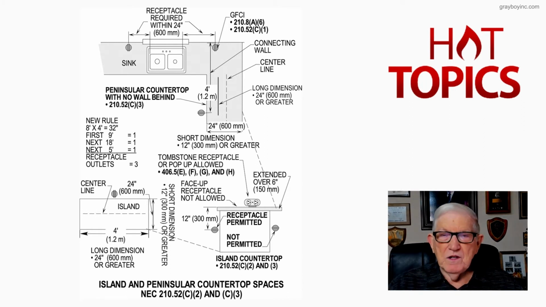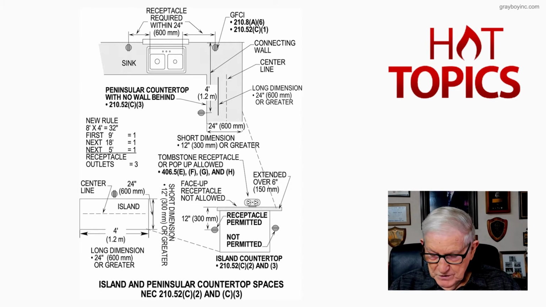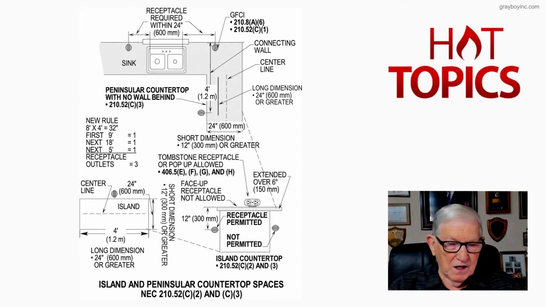And then, of course, we would look at C1, which is on page 69, left-hand side of the page at the top, and it talks about receptacle outlets shall be installed so that no point along the wall line is more than 24 inches measured horizontally down the receptacle area, and a receptacle should be installed within that space.